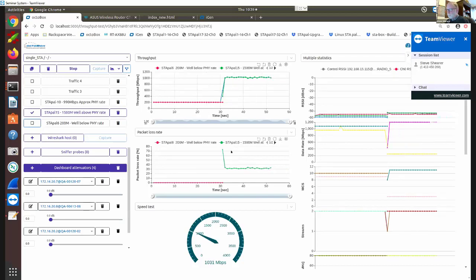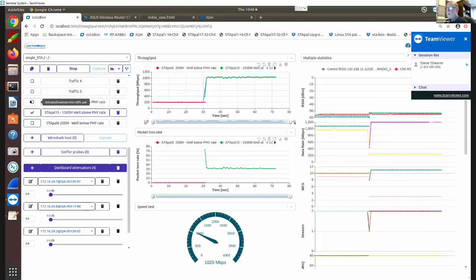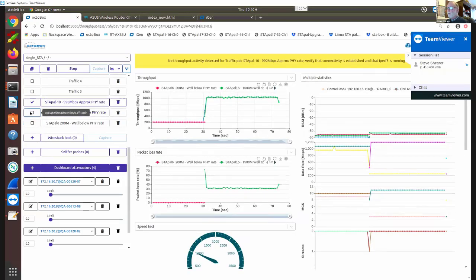So now we want to find a reasonable operating point. I'm going to kick in now the third guy, and here I've previously set it to be 990 megabits per second. Actually, it's a little bit less than what we're achieving at the moment, but I think it'll demonstrate the principle for you.